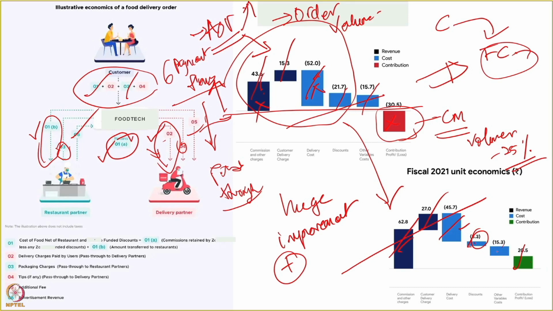With volumetric changes, there could be changes in the behavior of certain costs. May not be in variable cost in terms of degree, but in other costs and in other revenues as well. Definitely in the area of discounts and incentives. So by taking a decision on order volume and pushing sales and making sure that you process more volumes, this business has been able to make a remarkably good improvement in their operating profitability.